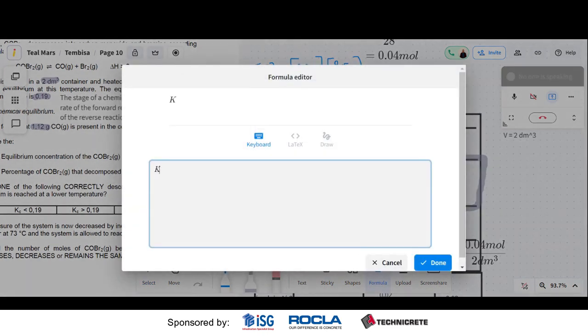So Kc is equal to, as a fraction, you have at the top CO and Br, and at the bottom we have COBr2, right?